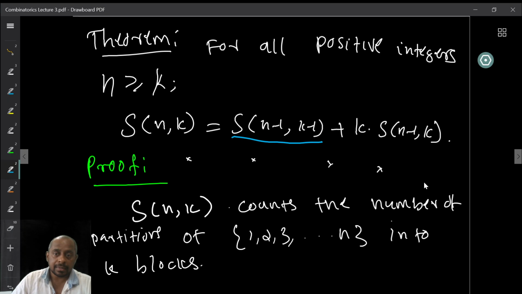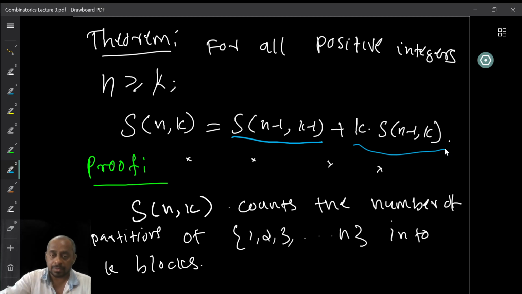So corresponding to the partition of an n minus 1 element set into k blocks, we get k distinct partitions of the n element set into k blocks, and in each of these n is not a singleton because we have added n to one of the k blocks. So they are disjoint from the earlier set, and therefore we can add them. So we get S of n minus 1 comma k minus 1 plus k times S of n minus 1 comma k.